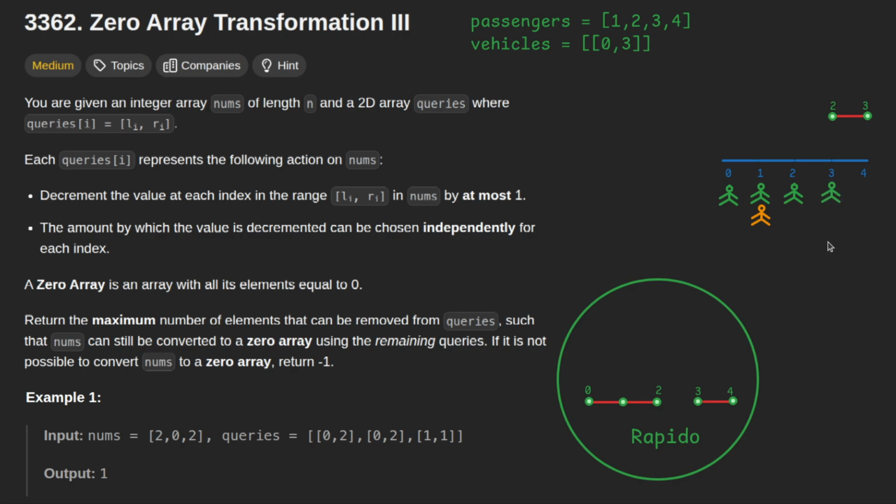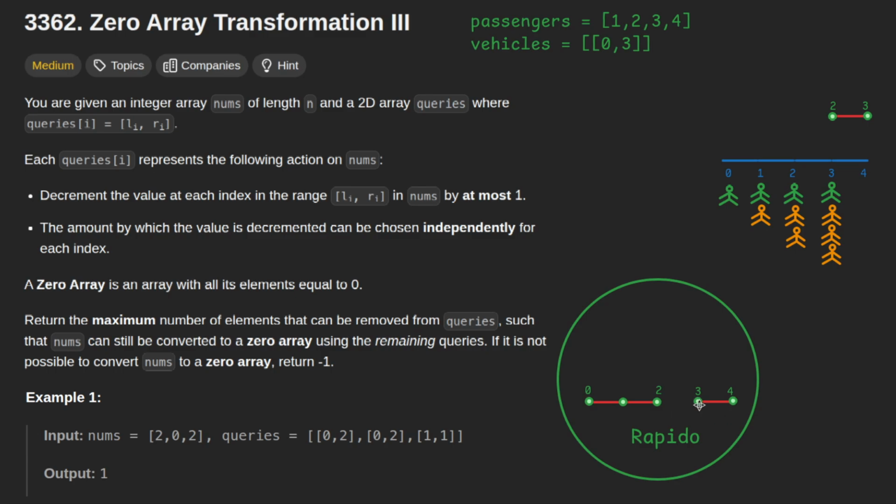So 0, 1, 2, 3: 1 customer, 2 customers, here I have 3 customers, and here I have 4 customers. At each index I have denoted how many passengers are there and how many vehicles are there.